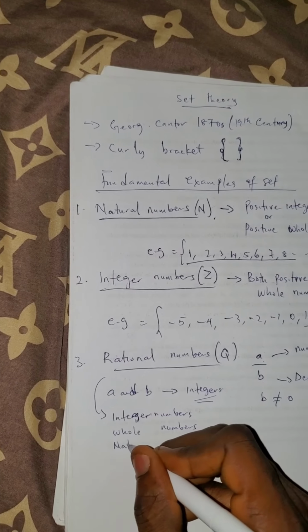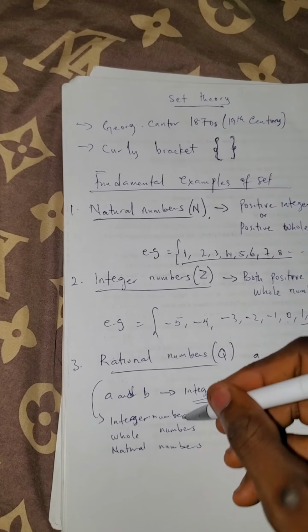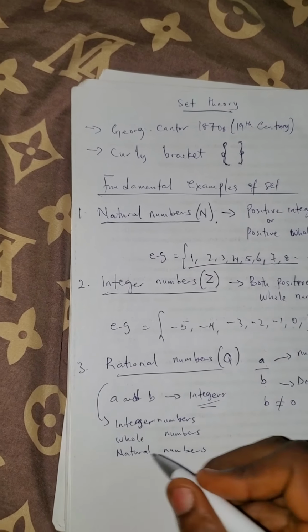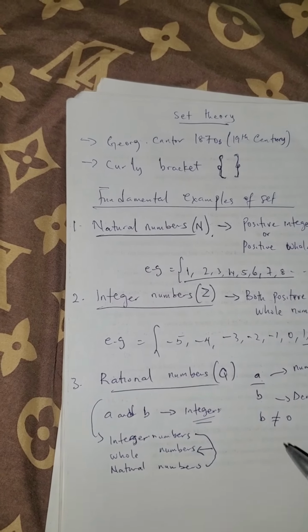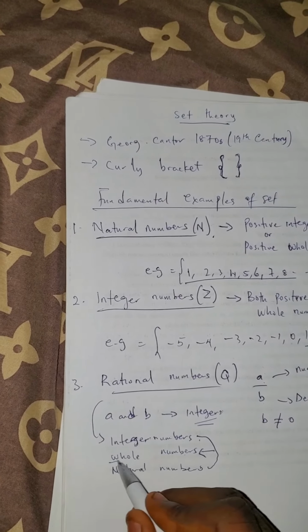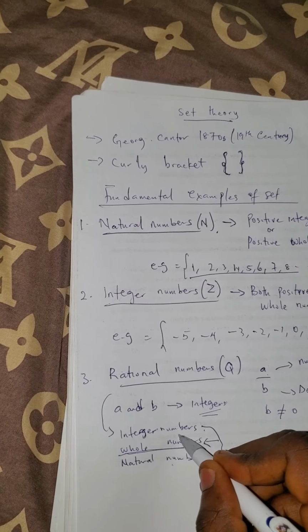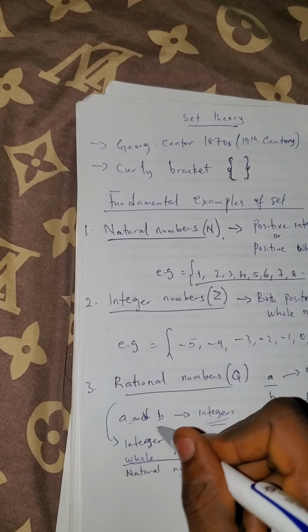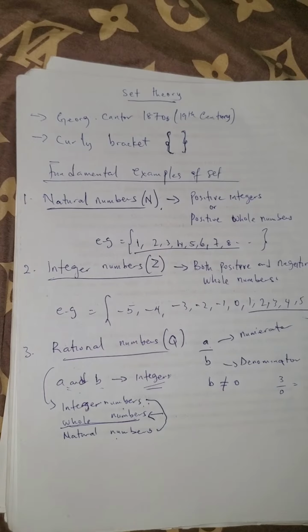And don't forget that natural numbers are under integer numbers, because both of these are whole numbers. Either natural numbers or integer numbers, they must be whole numbers. And I told you that each A and B here must be integers. Can you see that they are inside?